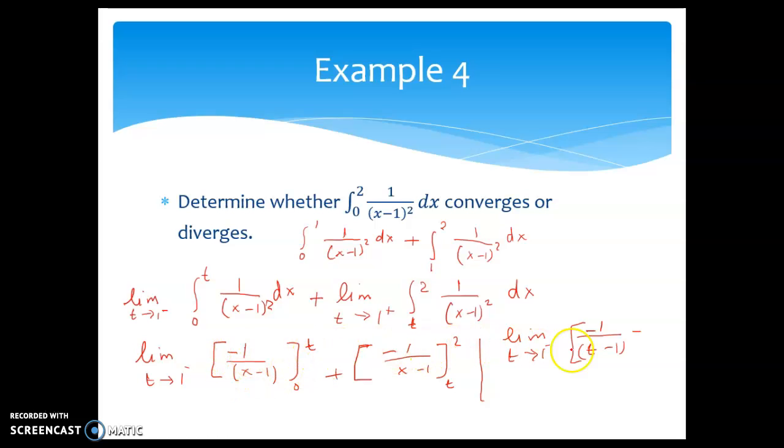Minus and minus, this becomes positive. When we take the limit of this one, we get infinity. Since we are getting infinity, it diverges. That means the whole problem diverges.